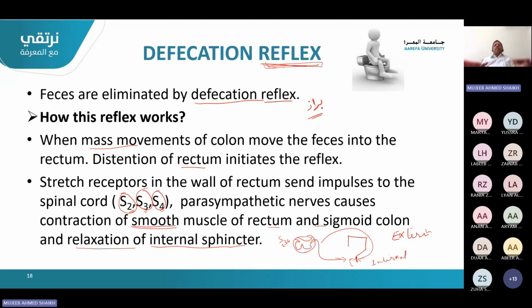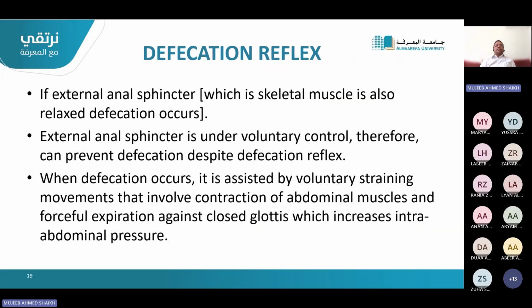Here also, when the food or the undigested material chyme reaches the sigmoid colon or the anal canal, it will stretch and it will cause reflex contraction on its own. You don't have to tell the body or the anal canal to contract. It will be done as if without any voluntary control. That's why it is called a reflex. So this reflex occurs.